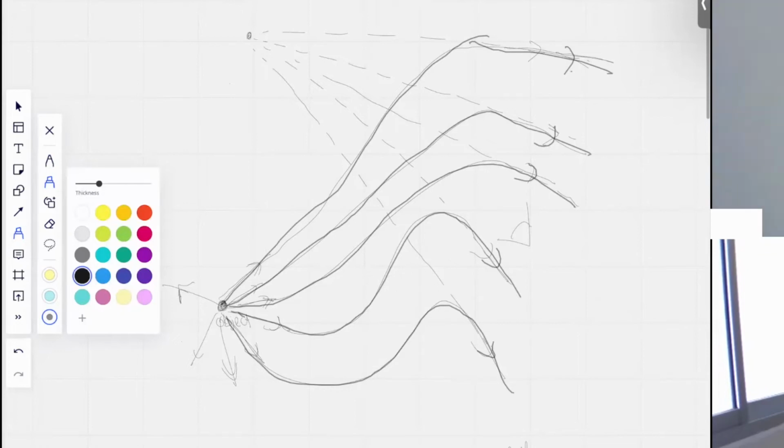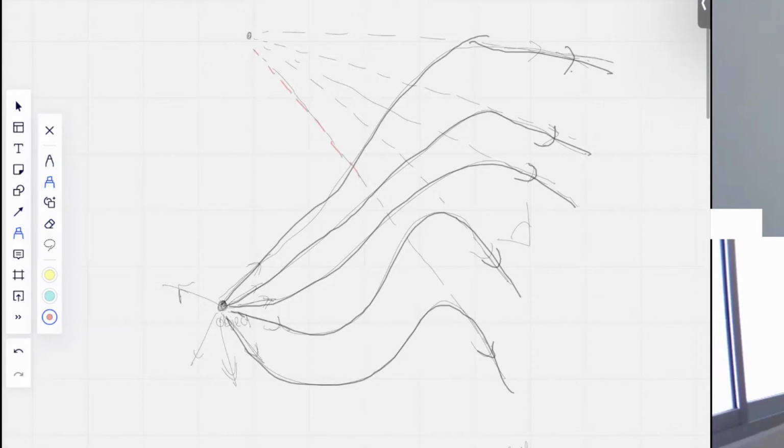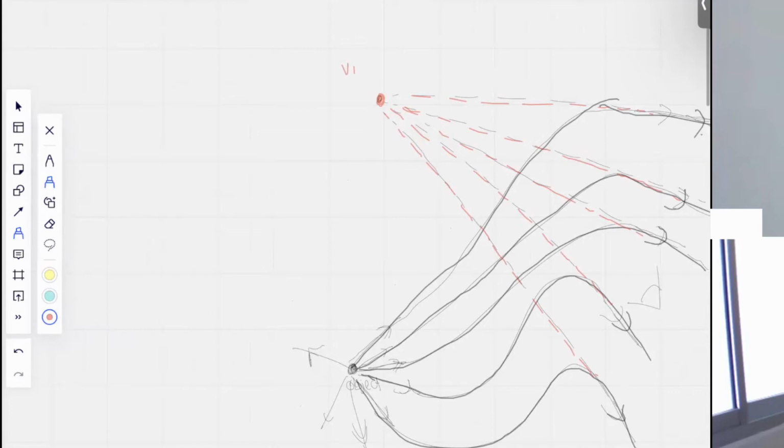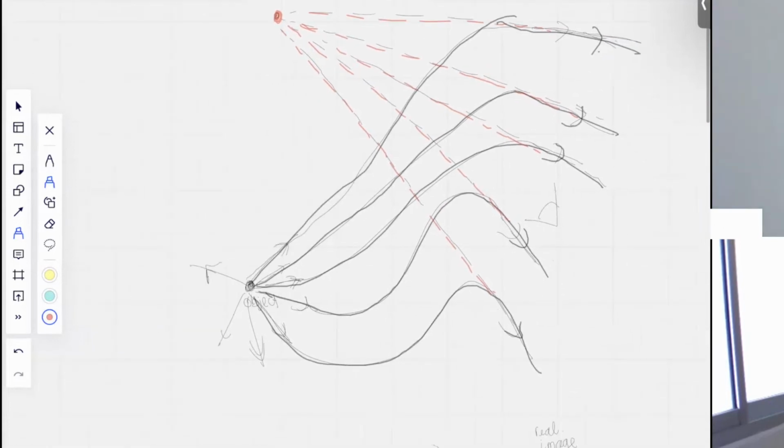The dotted lines, let's say I use red. These dotted lines. That means if you trace back each of these light is as if it is coming from this point here. This point is called virtual image. You understand?